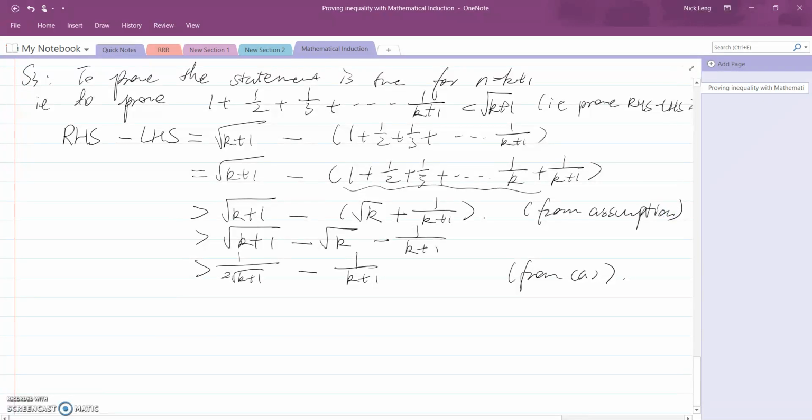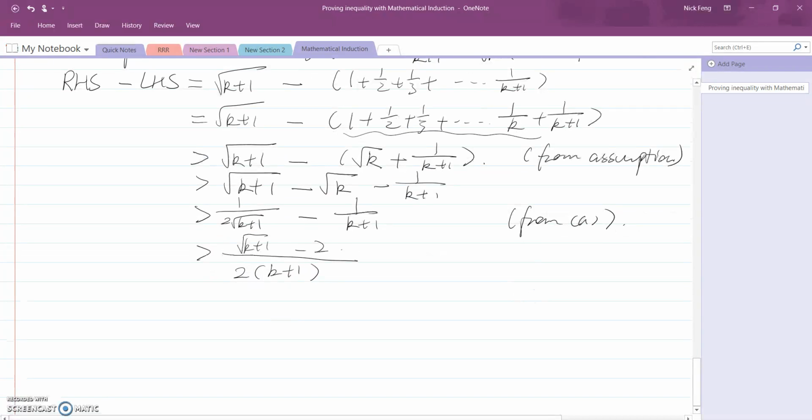And now what we need to do here is make a common denominator, which is 2 times k plus 1. And this needs to multiply by root k plus 1. That one needs to multiply by 2. Okay, now since k is greater than or equal to 7, root k plus 1 should be greater than or equal to root 8. Just replace it.